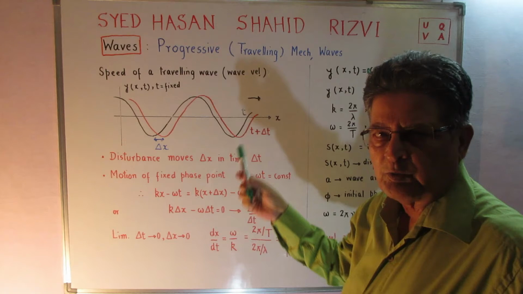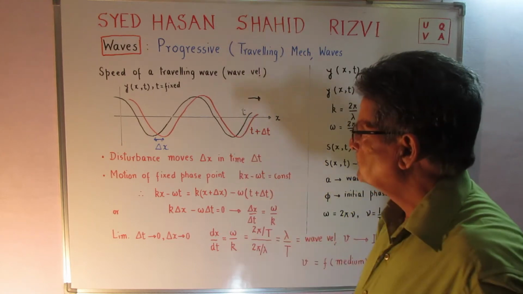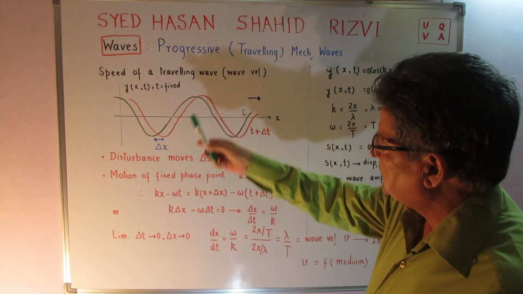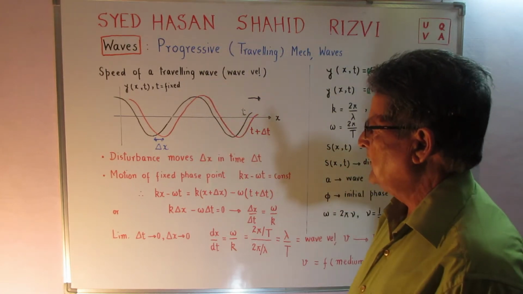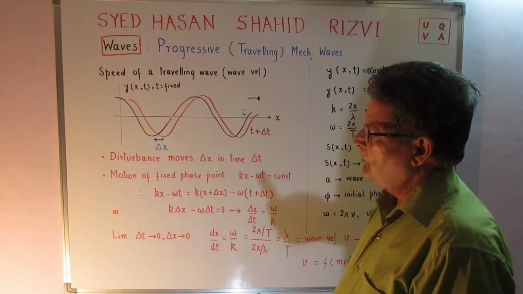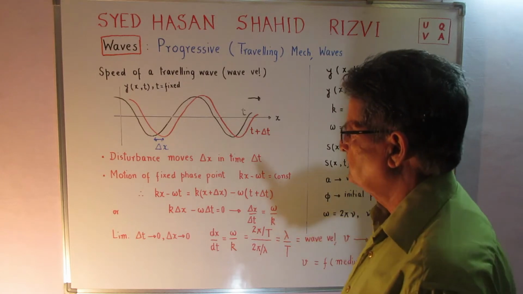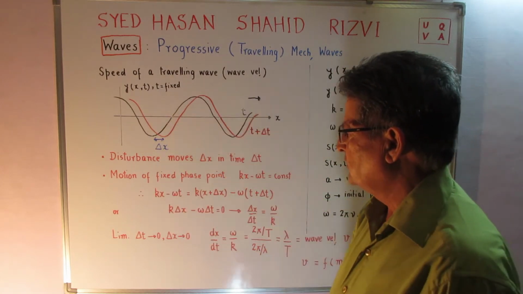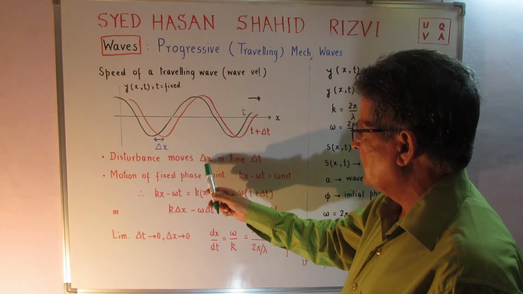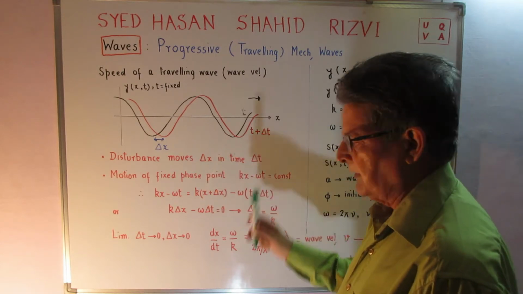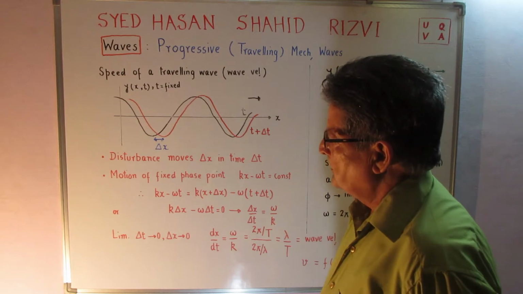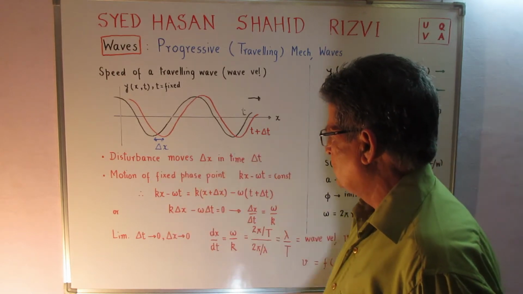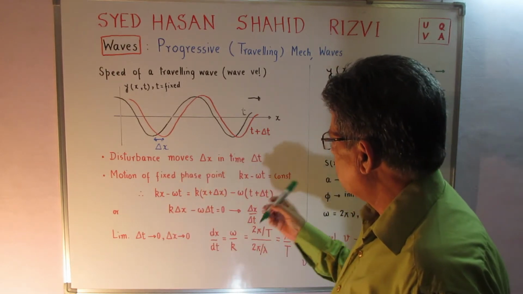That's what I call a snapshot. So on a string, this is the actual diagram that we'll get. So what we conclude is that the disturbance moves a distance Δx in time Δt. Clear?